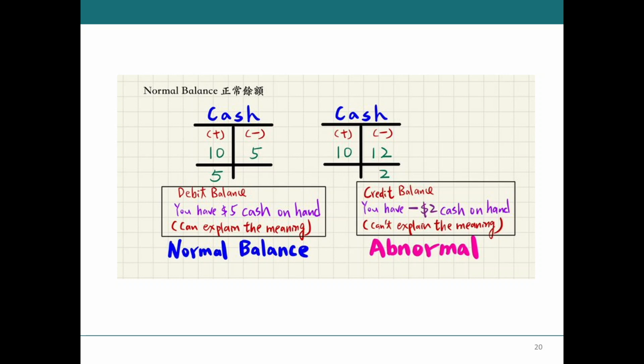So that's a normal situation. When $2 cash on credit balance, what does it mean? It means you have $10, but you pay $12. Impossible, right? So that's abnormal. So did you find out? Usually, normal balance appears on the increase side. So here, for cash, increase side. So normal balance usually on the increase side. So that's for cash on your slide 20. Okay?